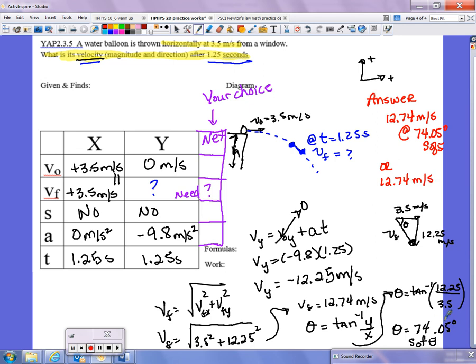I take this from 360, so 360 minus 74.05, and that gives me the standard form angle. So 12.74 at 285.95 degrees. This is my answer. One or the other. Okay.